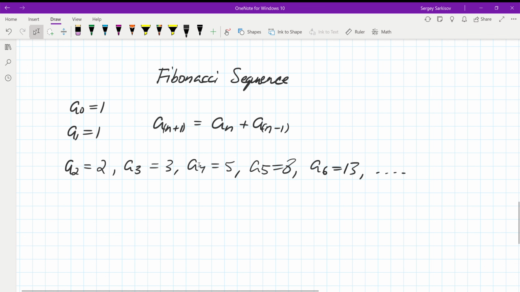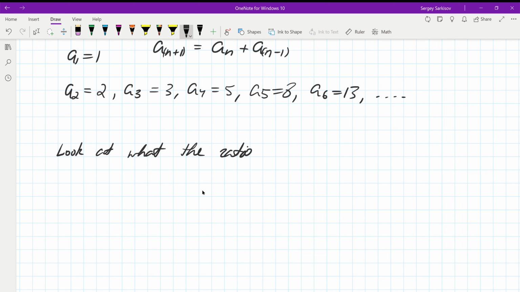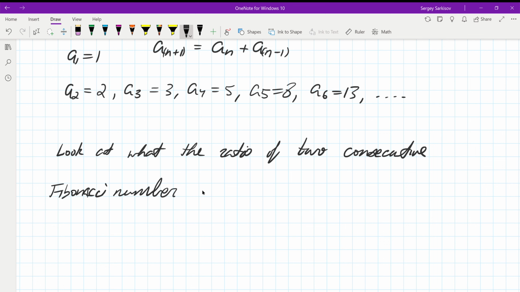But here is where I want to show you where the ratio of these is approaching, what this golden ratio is and how it has to do with it. Let's look at what the ratio of two consecutive Fibonacci numbers is approaching.